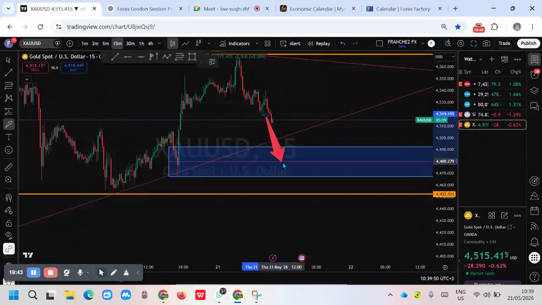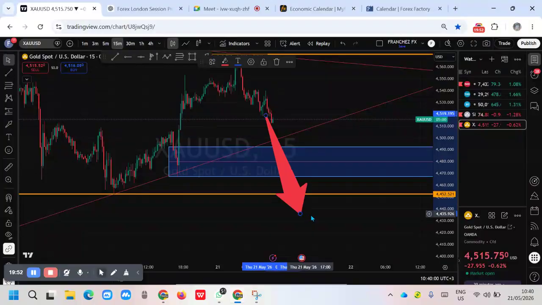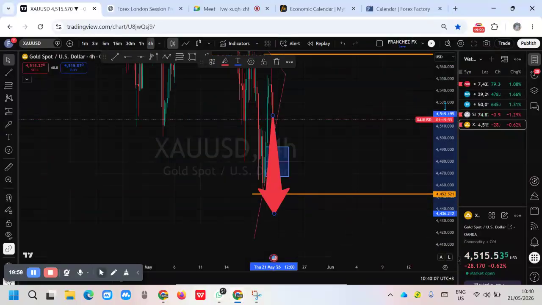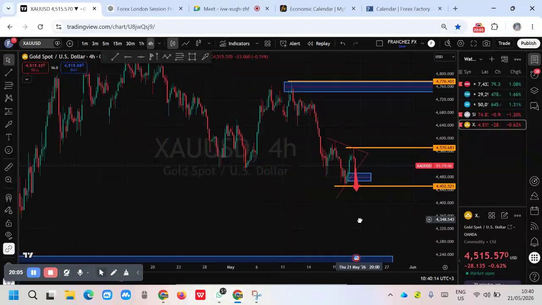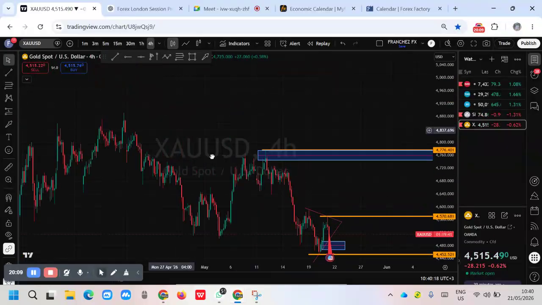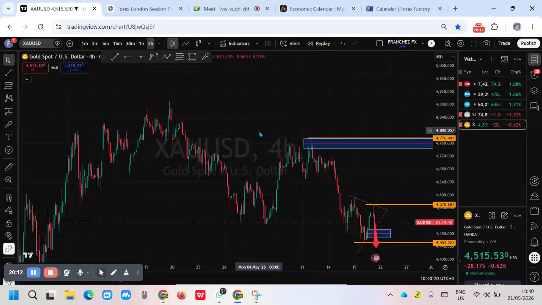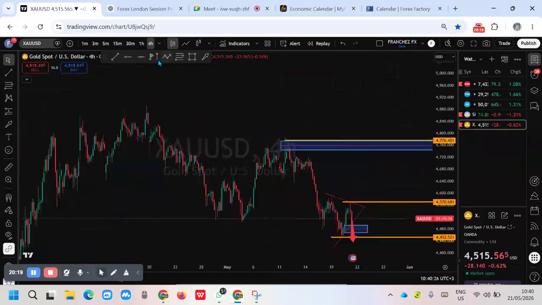But remember, overall, we are on a bearish move, so it might be hard for us to keep going up. If this market was going up, this is what could have happened. It could have not gone back to this area. It could have created a break of structure around that area, then continued breaking up. But this time we can see the buyers were not able to keep pushing up.